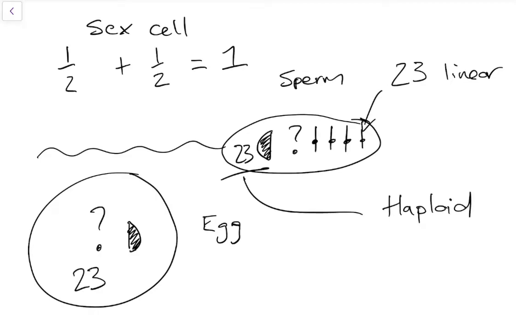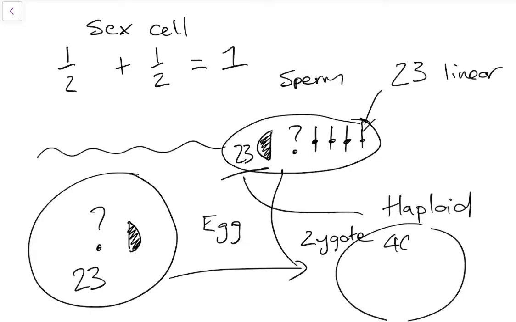So when they come together and fuse to make the zygote, and we get back up to 46 chromosomes, this is called diploid.